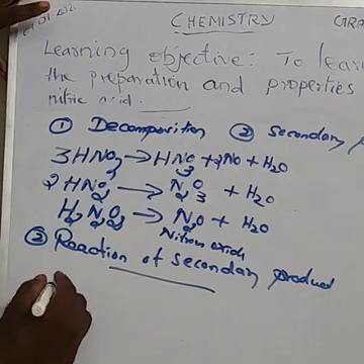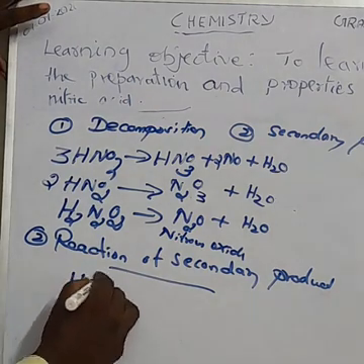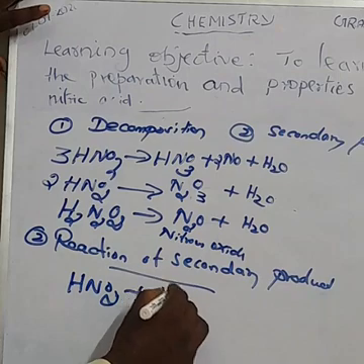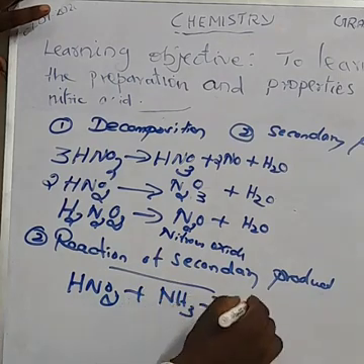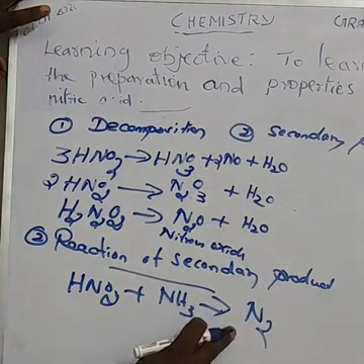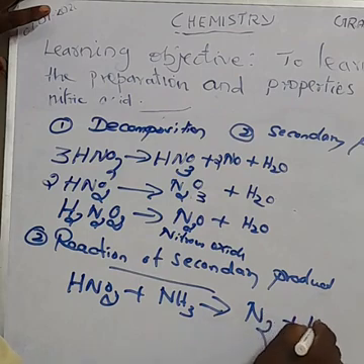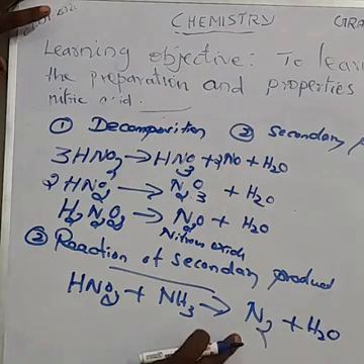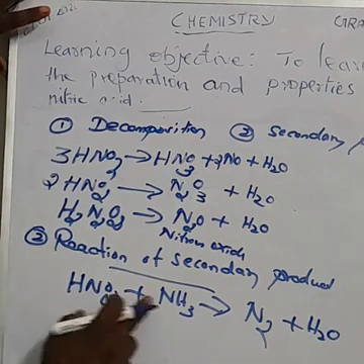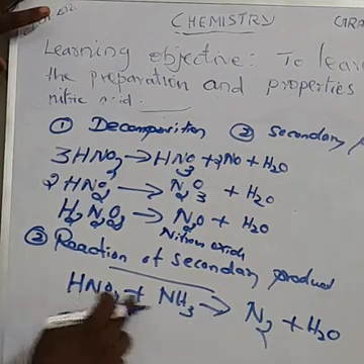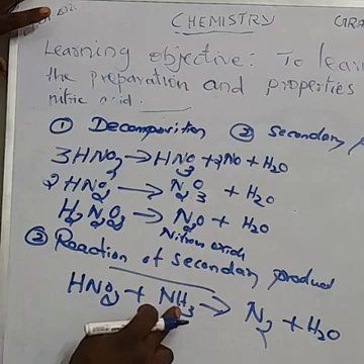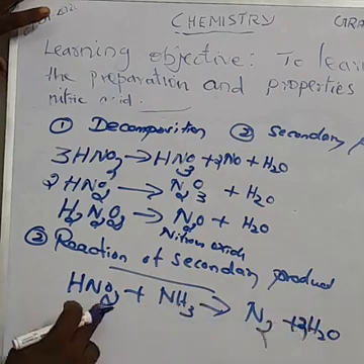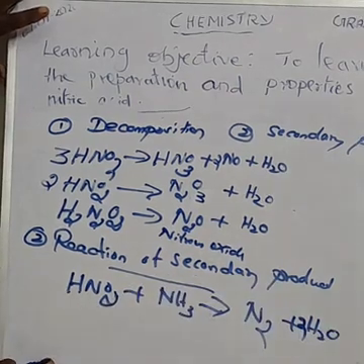Here we are taking nitrous acid with ammonia, NH3. We get N2, that is called what? Dinitrogen plus water. How can you balance the equation? Nitrogen 1, 1 balanced. Hydrogen not balanced, so make it 2 here. Oxygen also 2. Now the equation is balanced.